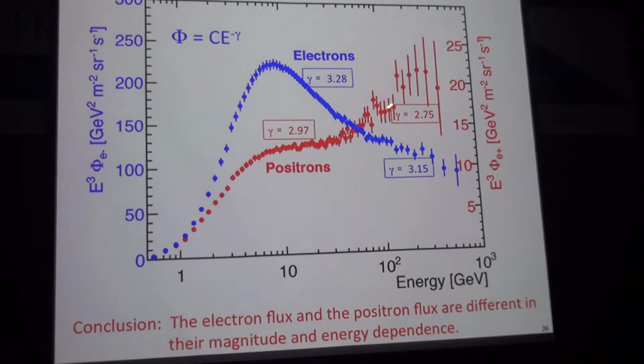In particular, this region is interesting because this index of 2.75 is very similar to that of protons, which have an index of also 2.73 or so. This generates speculation that at high energy the positrons may have been created by proton interaction during propagation. However, these are all yet to be determined.